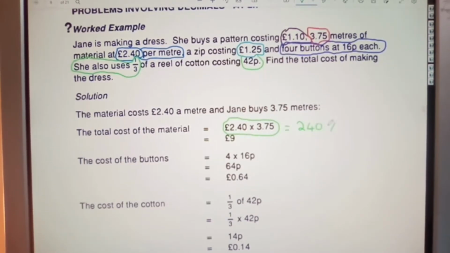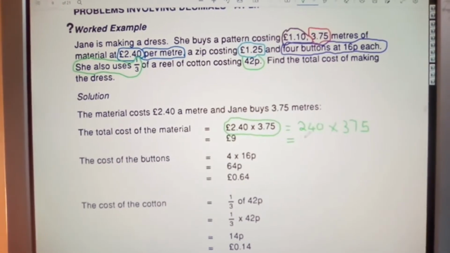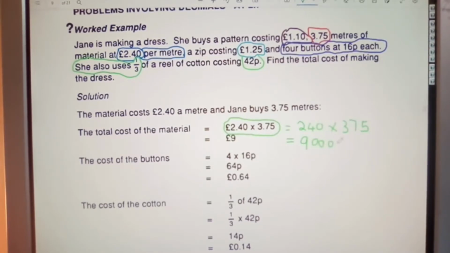Times, again, move the decimal point 2 places to the right, make that 375, equals 90,000.